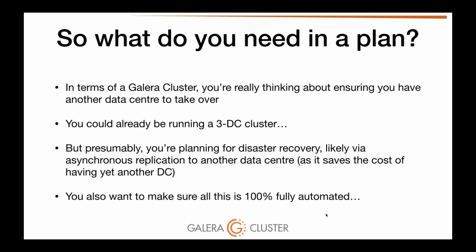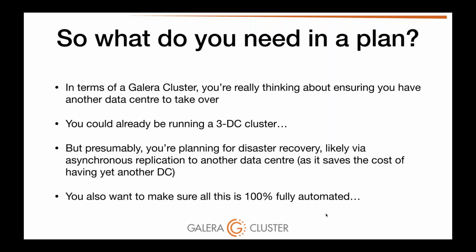So, when you have a plan with Galera cluster, the plan is actually kind of easy. You just need to ensure another data center is going to take over, so you have a three node, three data center setup. But if you're going to also do disaster recovery on the cheap via asynchronous replication to another data center, because you only need two data centers and not three, this is also okay.